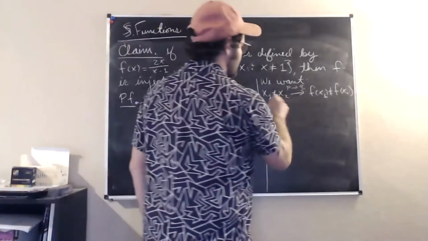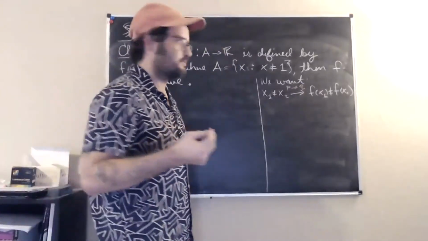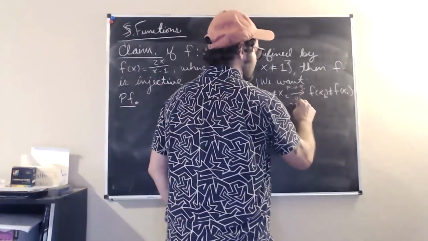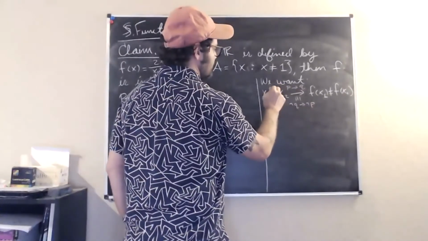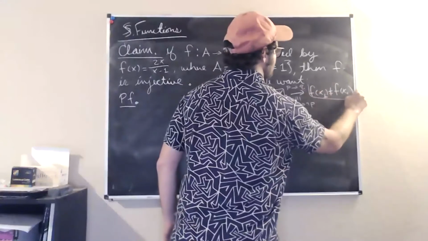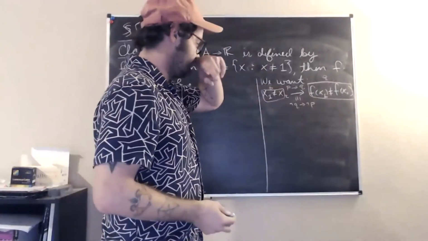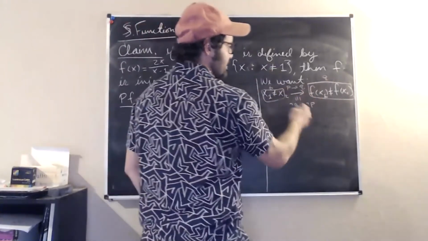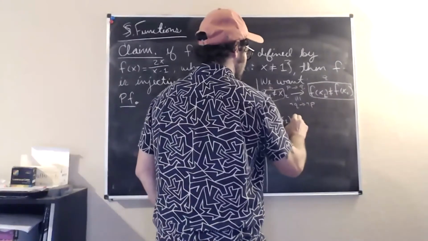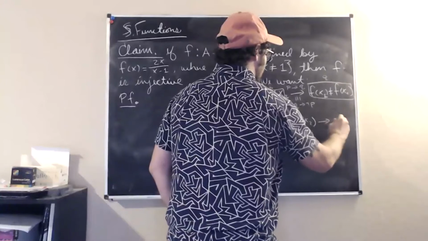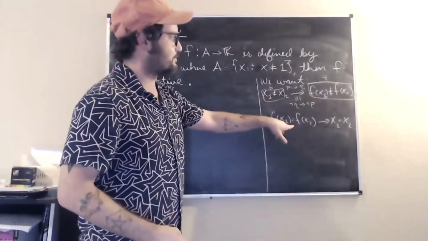And we know that the implication P implies Q is equivalent to the contrapositive of that statement, not Q implies not P. Where this is P right here, and this is Q. So an equivalent way of showing that f is injective is to show the contrapositive of that definition, which is that if f of x1 is equal to f of x2, that implies x1 is equal to x2. These are logically equivalent. That's just the contrapositive of that. Okay?